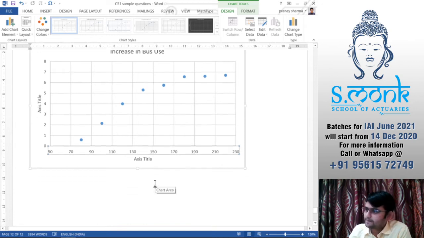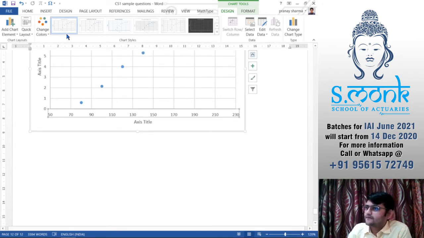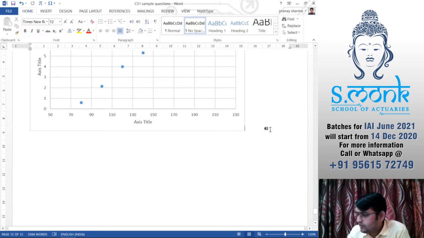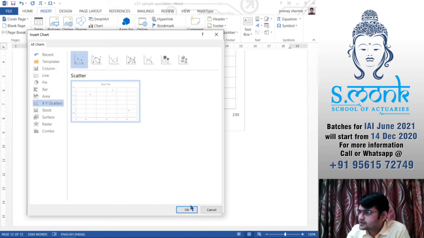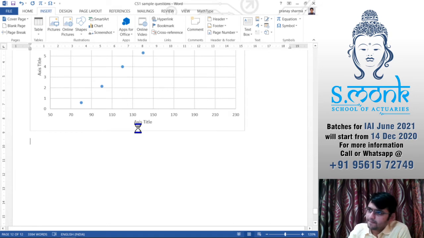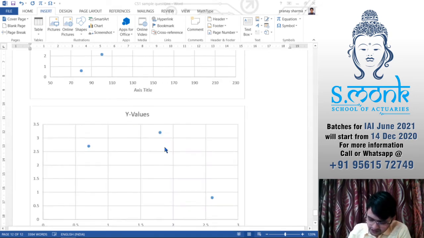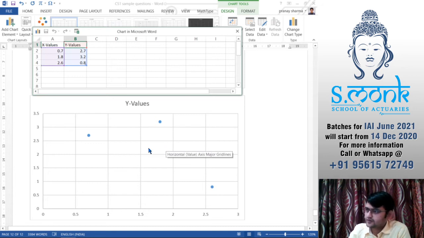Okay. So I'll say insert chart, again scatter. Okay, fitted versus residual. And just write the values.